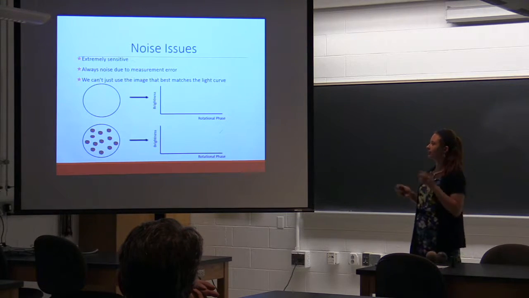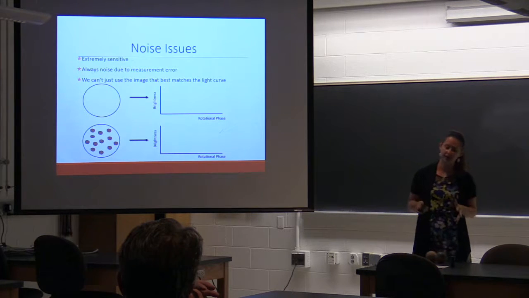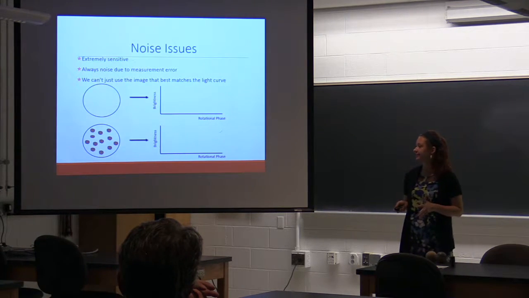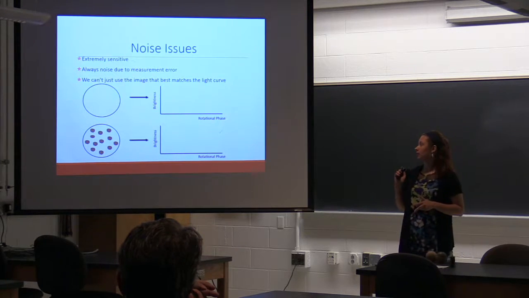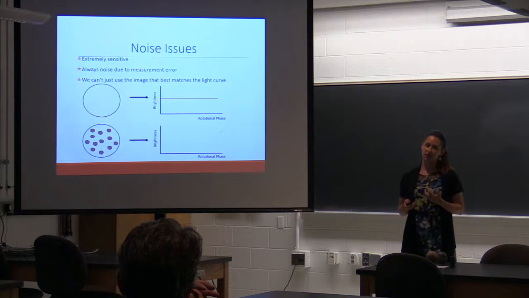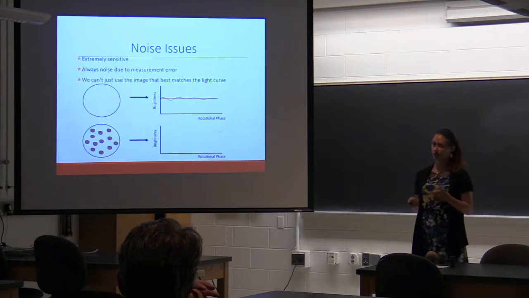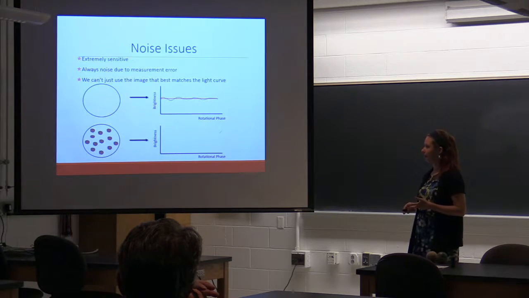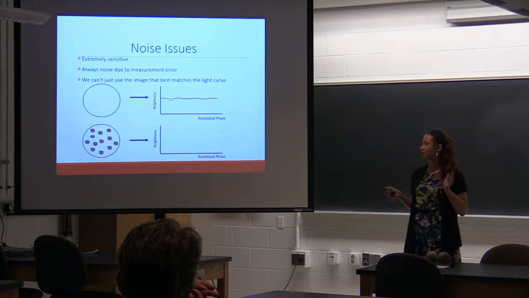and I'll explain why. So we have a star whose surface is completely devoid of any sort of features. As the star rotates, there's not going to be any brightness variation, so we would expect a flat line ideally. However, if we were to observe such a star, our data would have a noise ripple associated with it because there's always noise due to measurement error. So now we take the same exact star, but this time the star has a bunch of star spots.